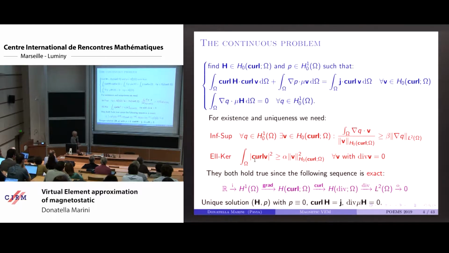I did not underline that omega is simply connected. So this is why this sequence is exact. So the problem has a unique solution, H, p, with p identically 0, and H verifying curl H equals J and divergence B equals 0.